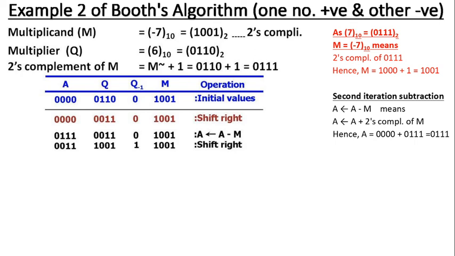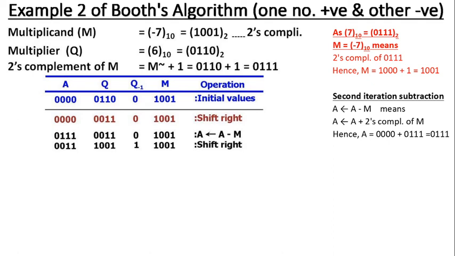Now what action is to be performed in that third iteration? The action to be performed in the third iteration is based on the latest iteration, that second iteration, the latest action, that is the shift right action, and its corresponding Q0 bit and Q minus 1 bit. So which is shown by black color here, the bottom black line.